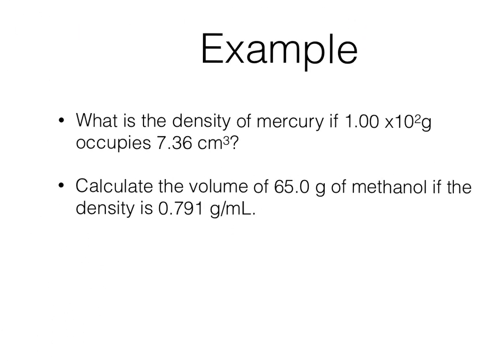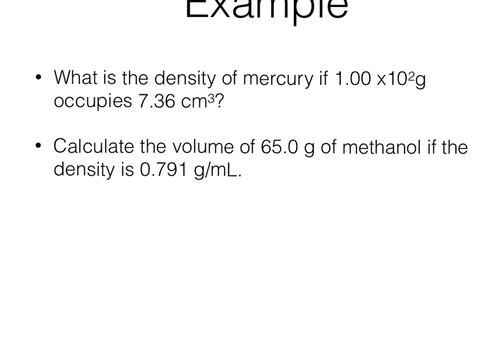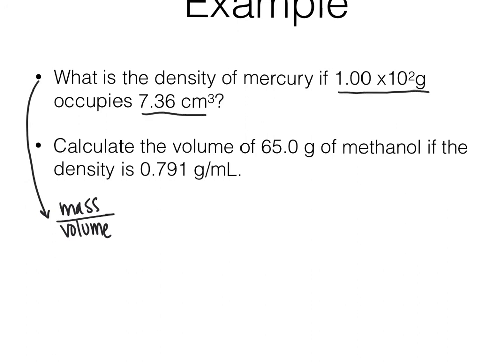So now we have some examples. The first example is, what is the density of mercury if 1.00 times 10 to the second grams occupies 7.36 cubic centimeters? So we know that density is mass divided by volume, and they've provided for us both the mass and the volume.